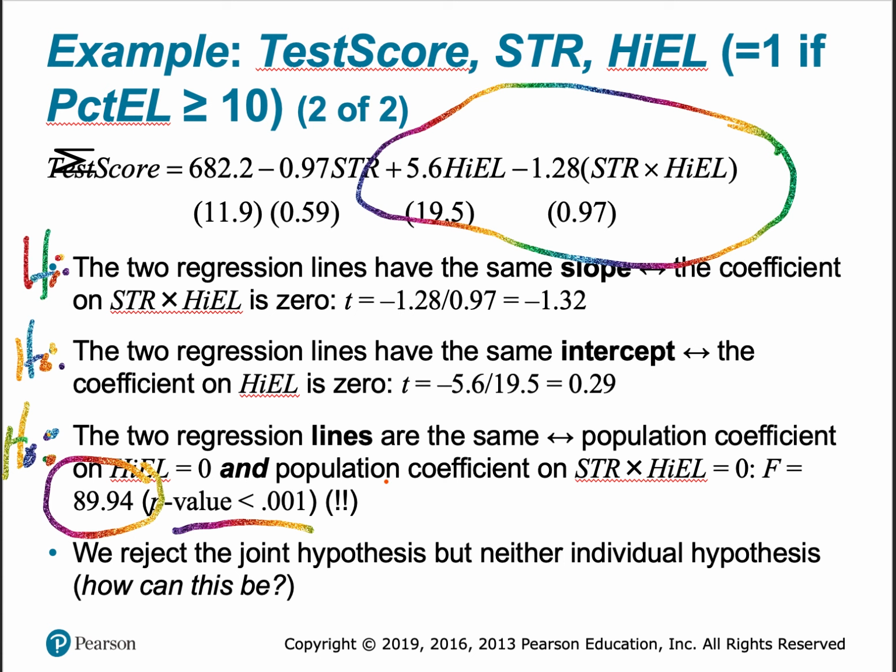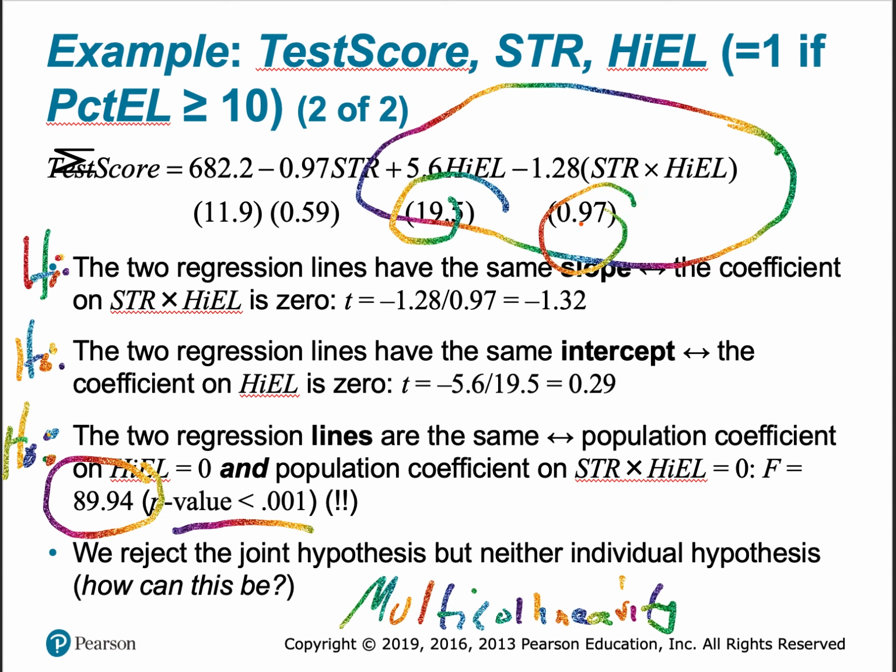How could that be that individually these coefficients are insignificant, but jointly they are significant? Let's think about why that would be. Well, folks, what's going on here is that we're likely to have imperfect multicollinearity going on. Imperfect multicollinearity means that we're going to have large standard errors, right?